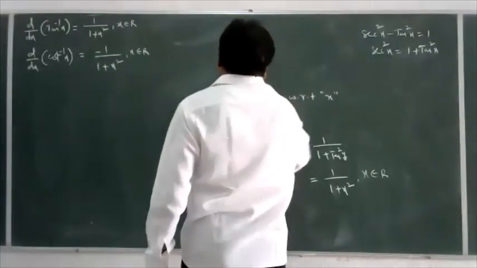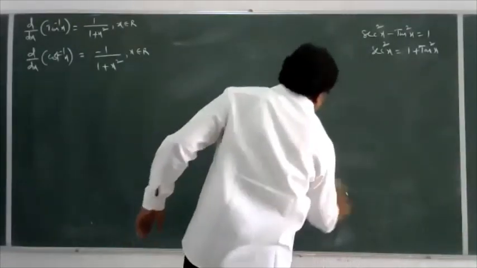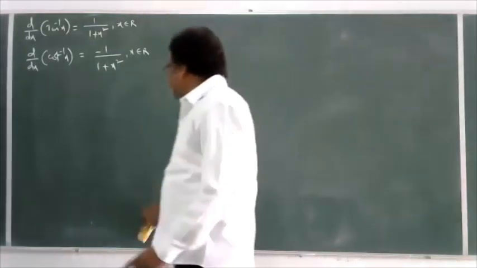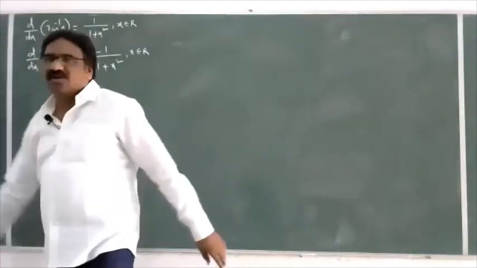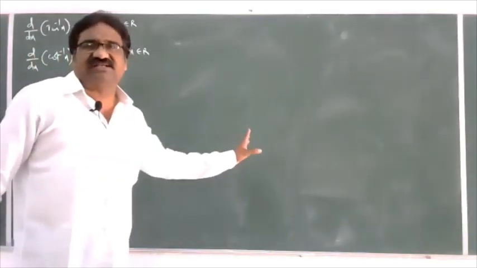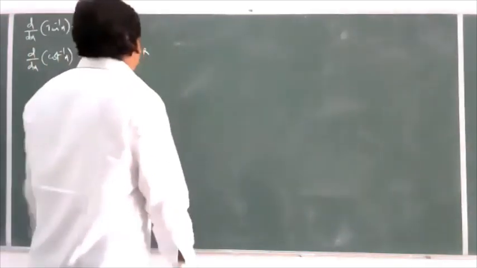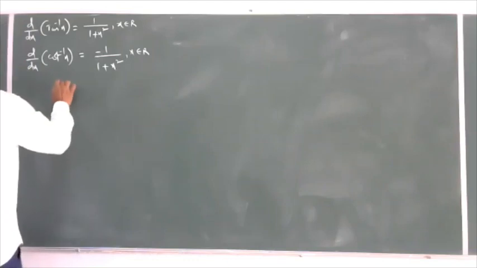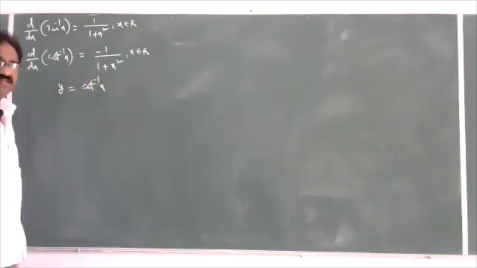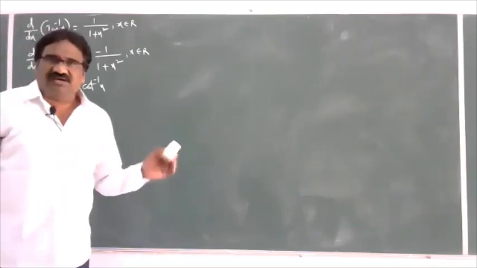In the same way that we proved the derivative of tan inverse x is 1 by 1 plus x square, the derivative of cot inverse x is minus 1 by 1 plus x square. For example, take y is equal to cot inverse x.